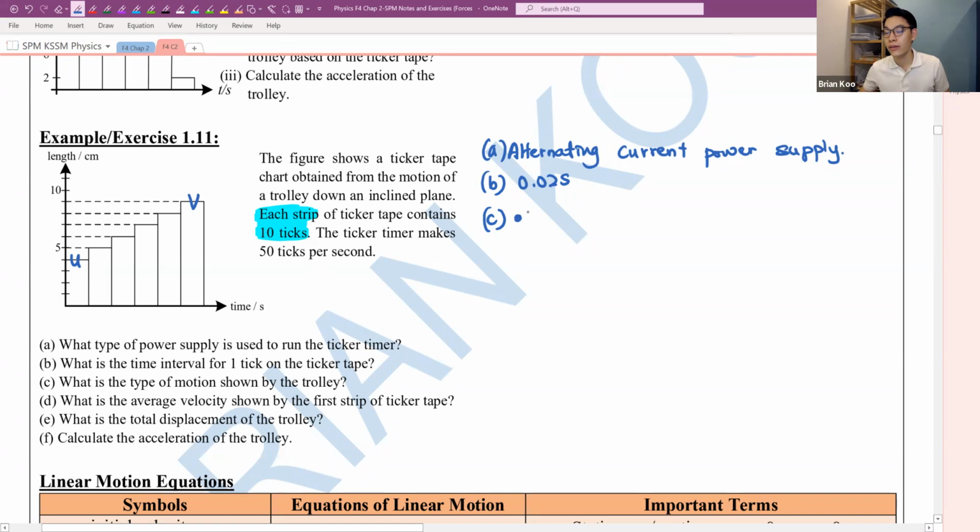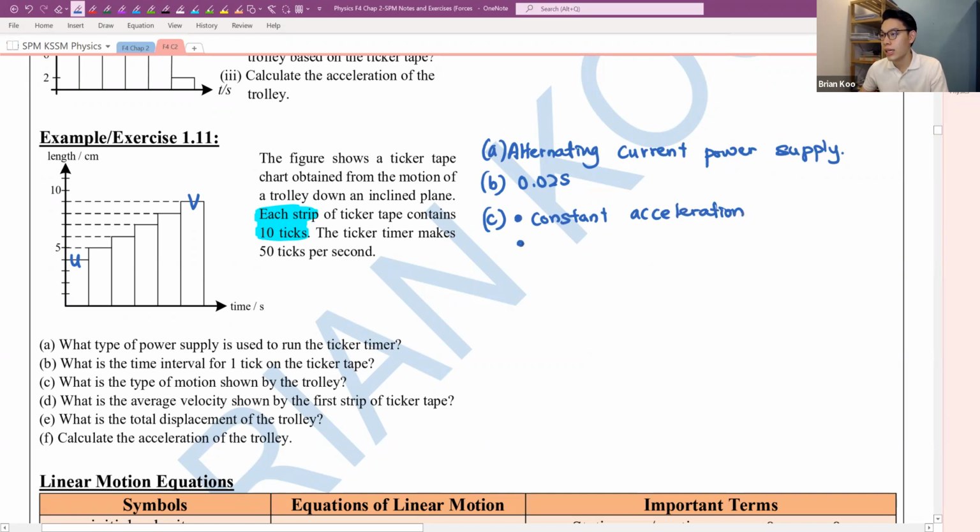Either you write velocity is increasing at a constant rate, or velocity is increasing uniformly, or you can also say it is constant acceleration or uniform acceleration. Uniform and constant is the same meaning. In physics, you will see they use constant and uniform a lot, but they are the same meaning. Okay, so you can say constant acceleration.